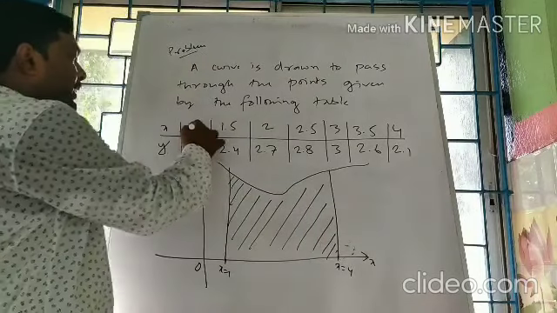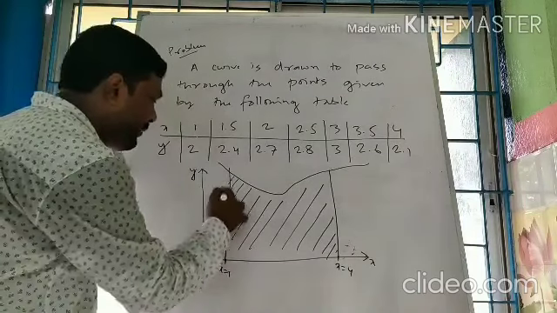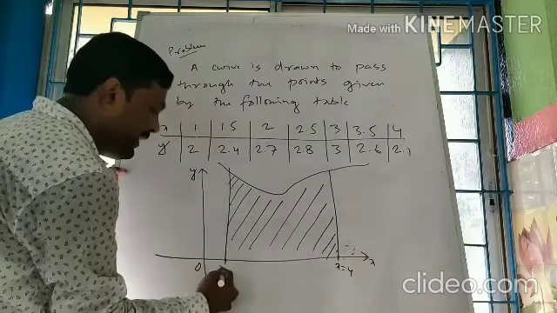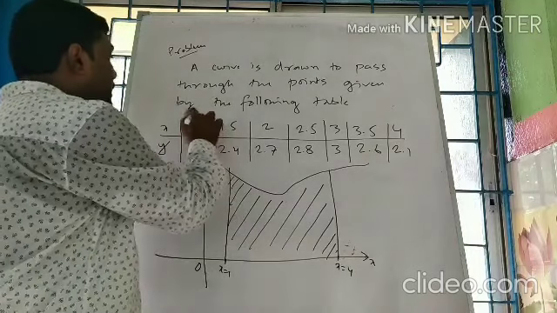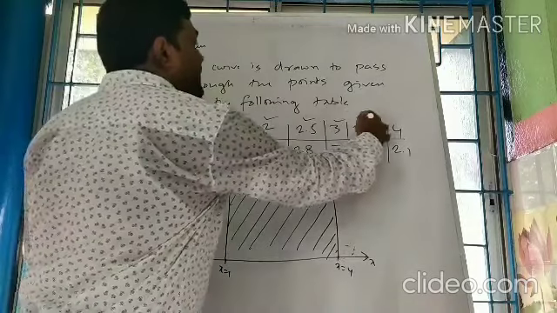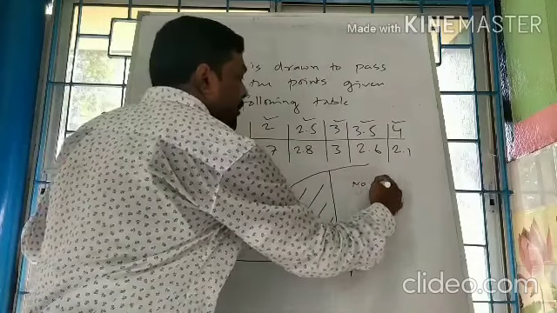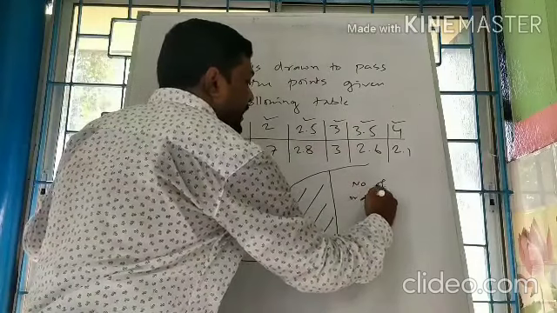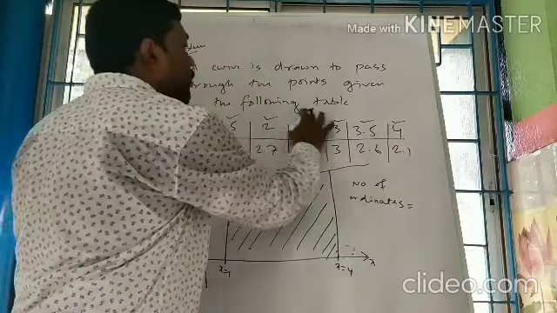Given that at x equals 1, y is 2, so y0 is given. Suppose this point is x0. Now see the number of nodes first. Calculate the number of ordinates: 1, 2, 3, 4, 5, 6, 7.